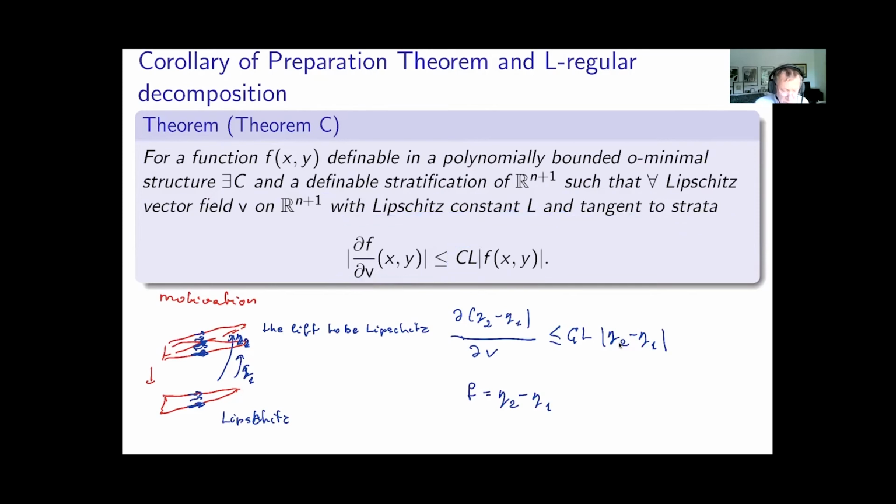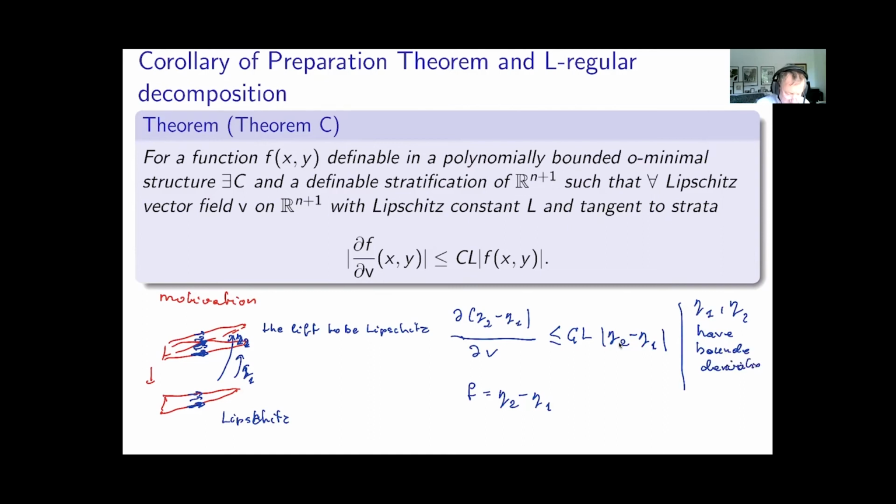I said how to compare two points which are over the same point. I need also the property that eta1 and eta2 have bounded derivatives, of first order.